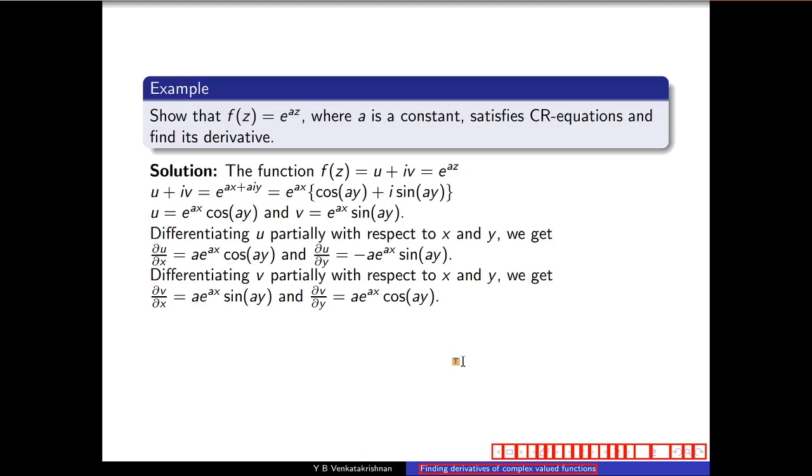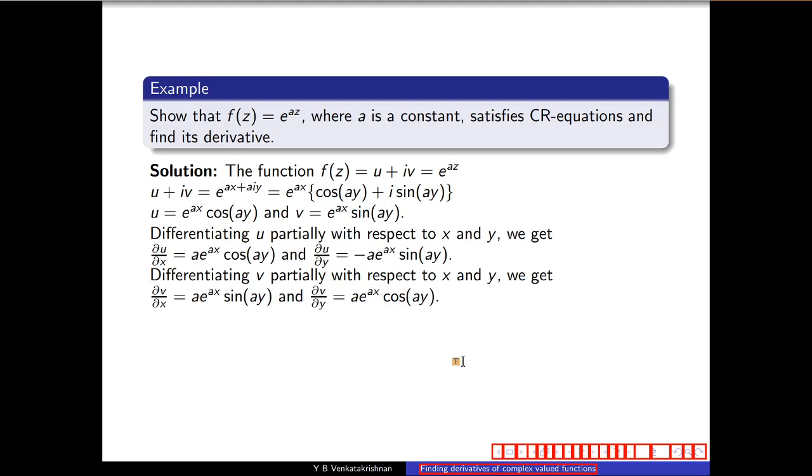I calculate the partial derivatives of u and v with respect to x and y. This will be the same as for a real valued function, because I don't have any complex or imaginary part here.